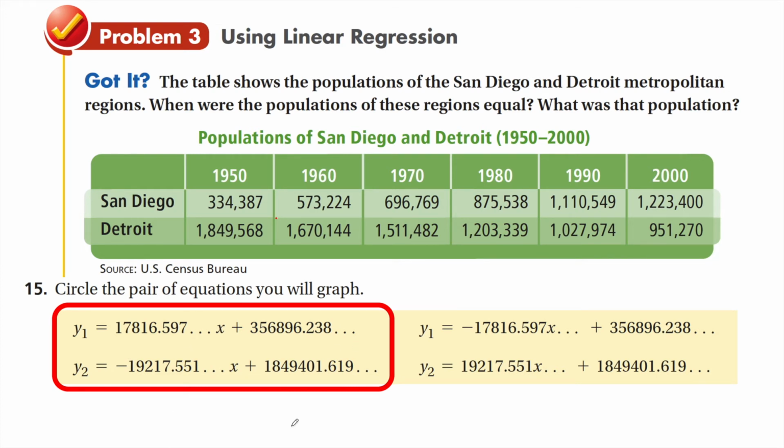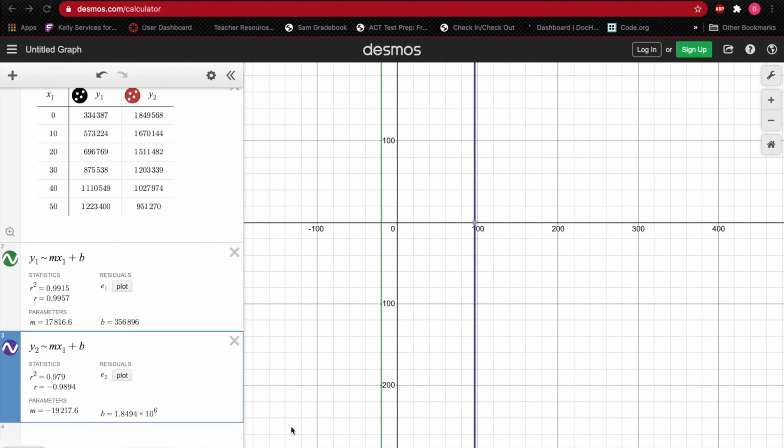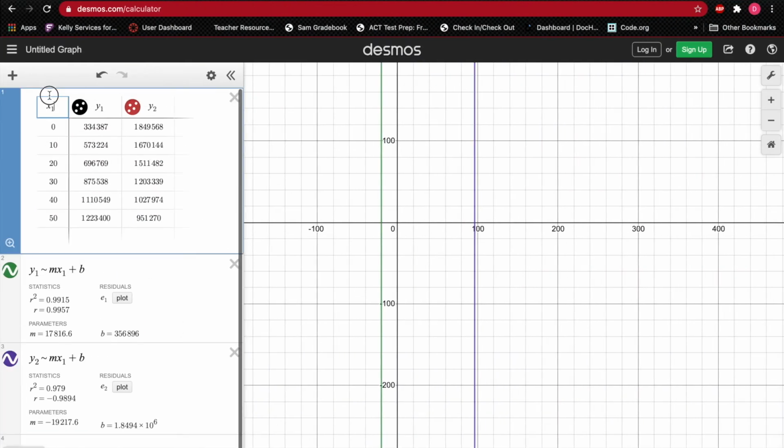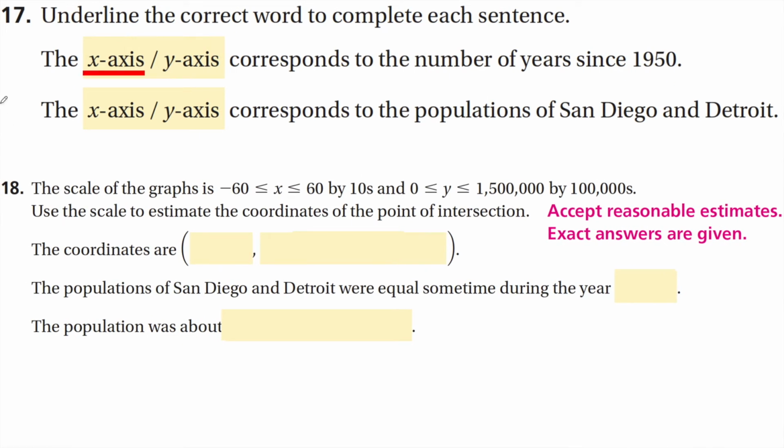Now, this is where it gets a little bit interesting. Because using that information, we need to underline the correct word or words to complete each sentence. So the x-axis or y-axis corresponds to the number of years since 1950. Well, if I were to look at what I did, my x value is going to be represented with 0, 10, 20, 30, 40, and 50, which means that those are the years since 1950, so it's going to be the x-axis.